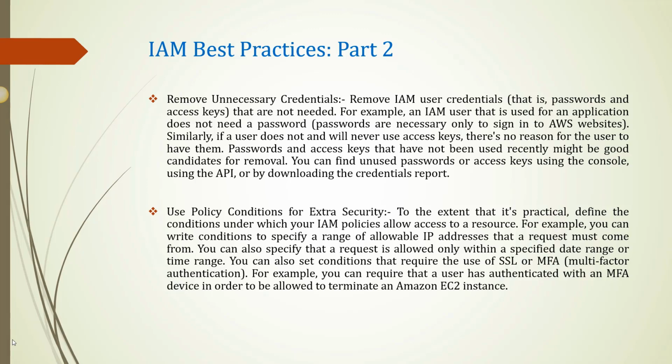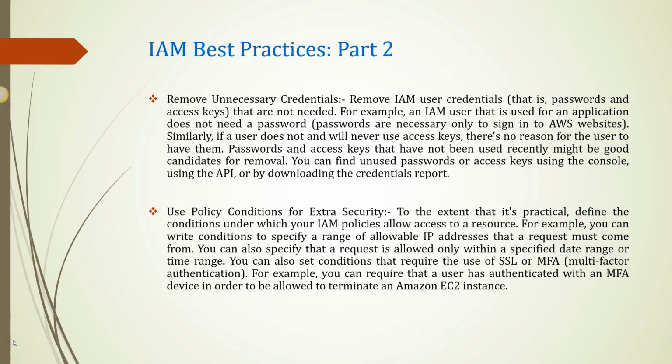Sixth is use policy conditions for extra security. To the extent that is practical, define the conditions under which your IAM policies allow access to a resource. For example, you can write a condition to specify a range of allowable IP addresses that a request must come from. You can also specify that a request is allowed only within a specified date range or time range.